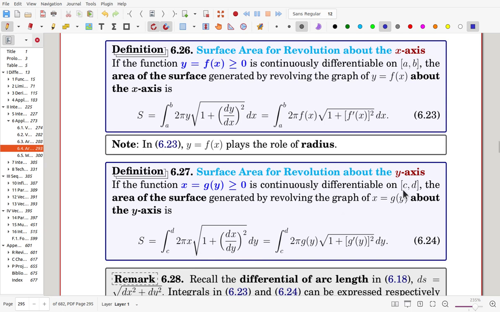It's defined on c to d, so the lower and upper bounds must be c and d respectively, and that's the radius, and that's the curve scaling factor. Now x is the same as g of y, so everything must be expressed as a function of y, because you are doing y integration.